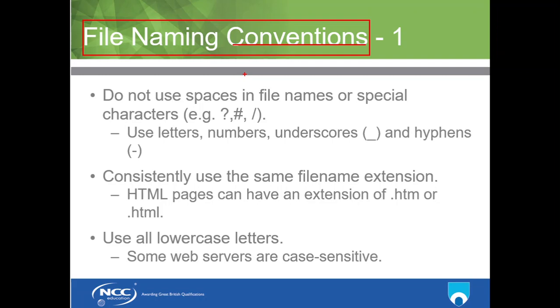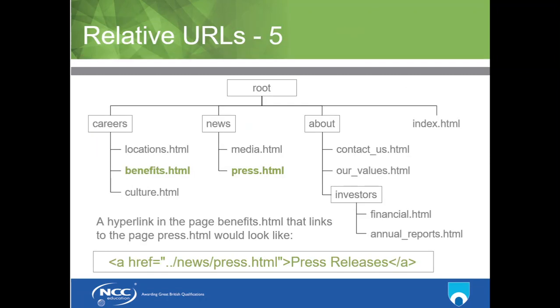Some of these naming conventions just apply to the rules of naming identifiers in programming. One of them is you cannot use spaces in file names. You also cannot use special characters while naming files. So you can actually see here we don't have space.